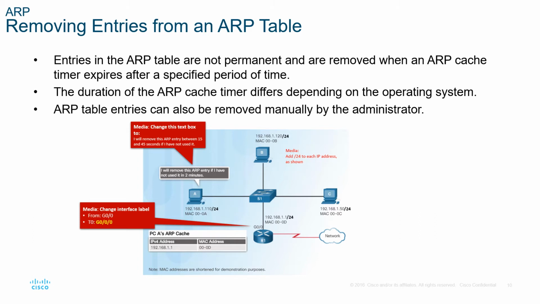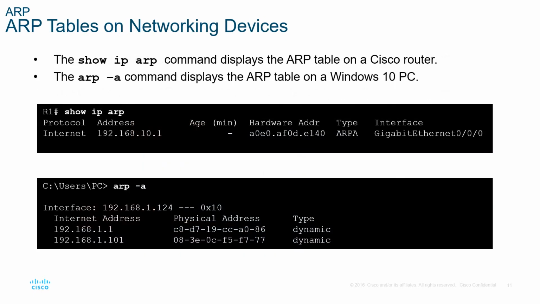The duration of the ARP cache timer differs depending on the operating system. Again, there's a command where you can manually remove the entries in the ARP table. This is the command to view the ARP table. In the command prompt, it's arp -a, and for the router, it's show ip arp.